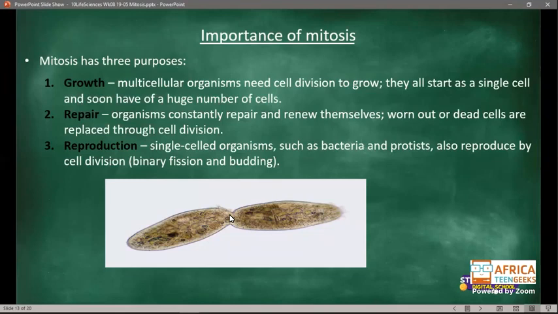So this is what they do. It was one bacteria and then it underwent reproduction. Then as it buds, it produces 2 bacteria cells. So this is the importance of mitosis. Those examples you guys can give out.